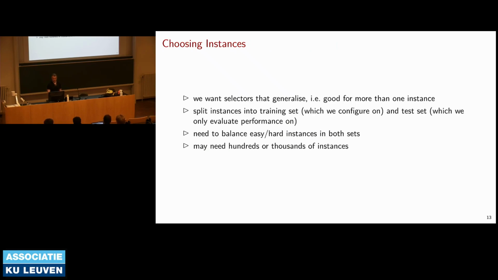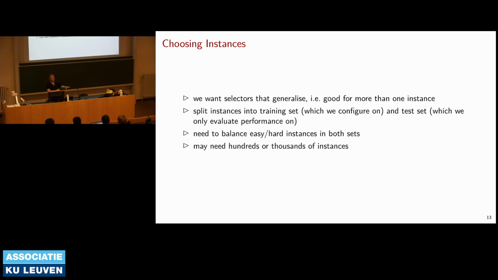So yes, how do you choose your instances? Because in the end, just like any machine learning system, we want what we learn to generalize. So we want an algorithm selector that doesn't work well just on one particular small set of instances, but ideally on at least a family of constraint problems, and probably on something, again, that will win you the competition. And in particular, in this context, we need to balance the easy and hard instances.